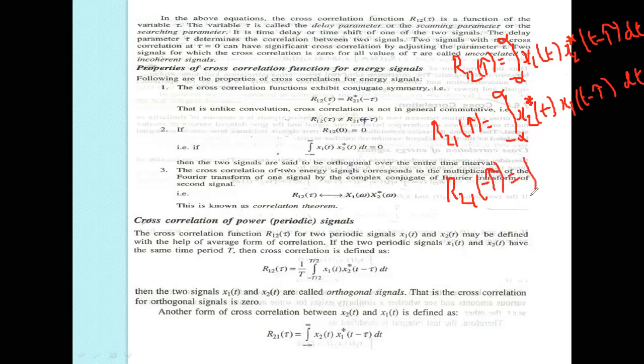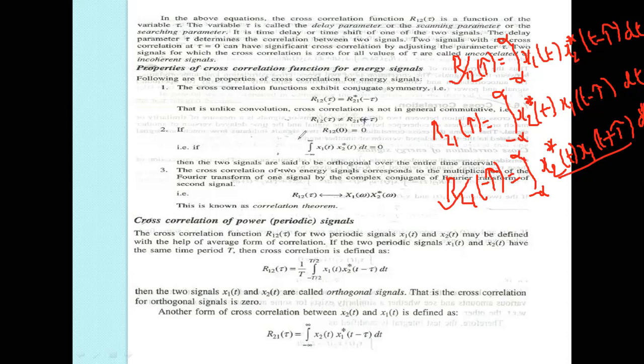Tau as a minus, the integral from minus infinity to infinity of x2 of t, x1 of t minus of minus, which becomes a plus, dt. So now you can see here is a delayed function, and another one is an advanced function x of t plus tau, both are equal. So R12 of tau is equal to R21 of minus tau, my students.